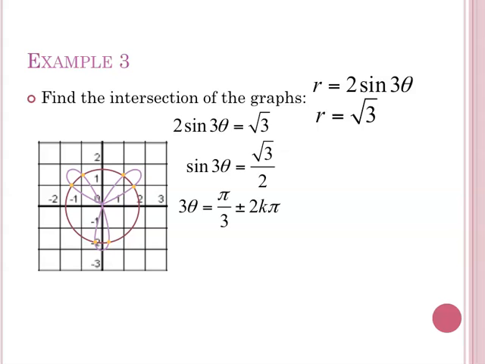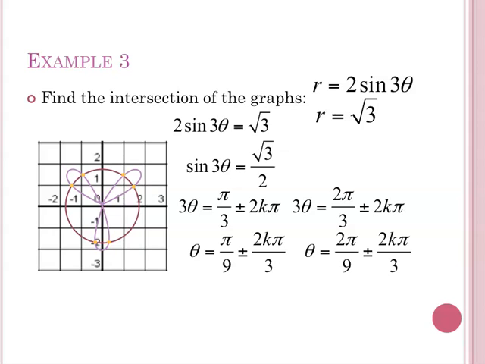It could also be in the second quadrant, so 3 theta could also equal 2 pi over 3 plus or minus 2k pi. And then we'll get theta by itself in both of these, so we'll divide both sides by 3. So we have theta equals pi over 9 plus or minus 2k pi over 3, and then the second one, theta equals 2 pi over 9 plus or minus 2k pi over 3.